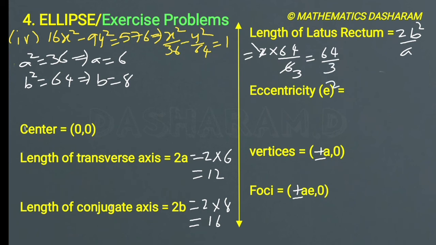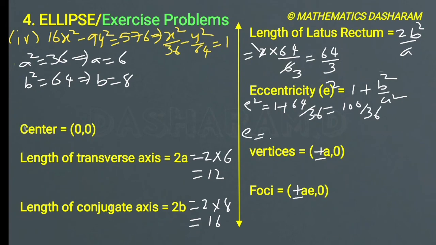Next, eccentricity e, but e square equals 1 plus b square divided by a square. So e square equals 1 plus b square 64 divided by 36. So 100 divided by 36. Then e equals root 100 by 36. So it equals 10 divided by 6. So 5 by 3.